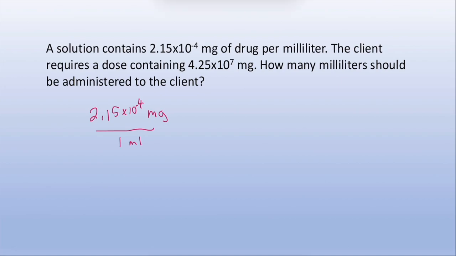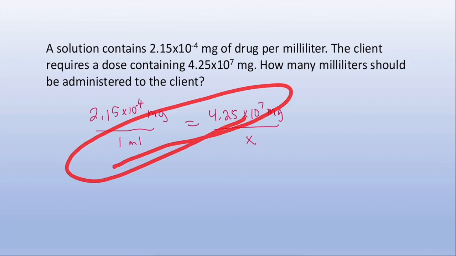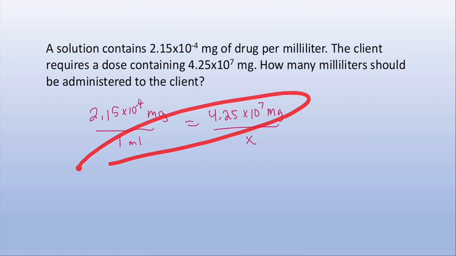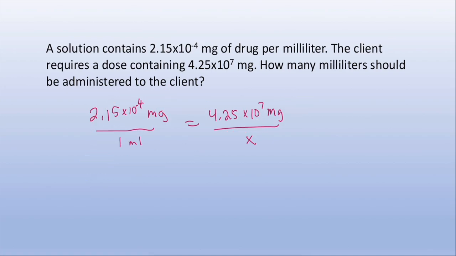So we're gonna set it using a proportion. So 4.25 times 10 to the seventh is milligrams. So it goes in the top of our fraction, and our unknown, our x, would be milliliters. It's going to go in the bottom. Now that's a proportion that needs solved. So just cross multiply. And then the numbers that you cross multiply, the ones you didn't use, you're going to end up dividing. And it always works like that.